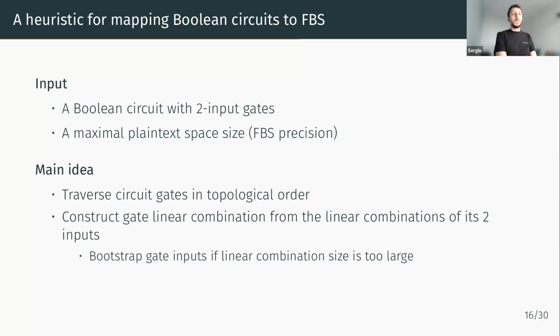And if the obtained linear combination for a gate is too large for the functional bootstrapping precision, we bootstrap an input of this gate and redo the process. Like this, we are able to find valid linear combinations of a size smaller than the constraint set by the input plaintext precision.